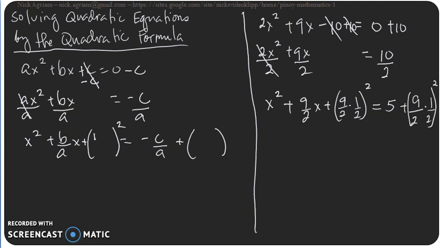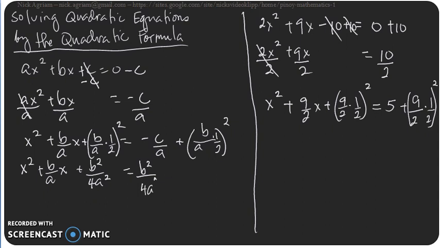We have b divided by a multiplied by half, squared. Then we have x squared plus b divided by a x plus b squared divided by 4a squared is equal to b squared divided by 4a squared minus c divided by a.